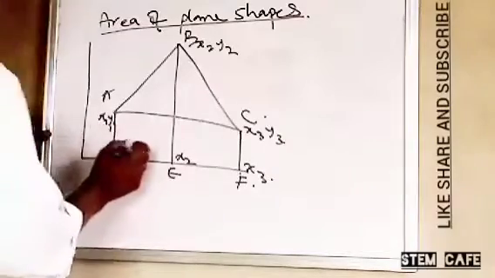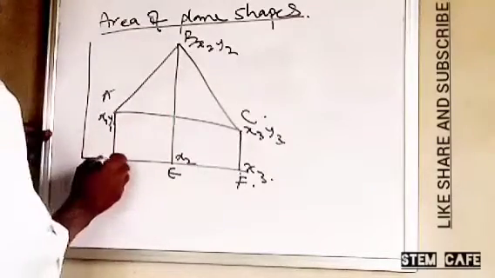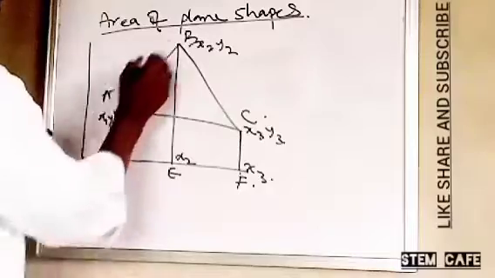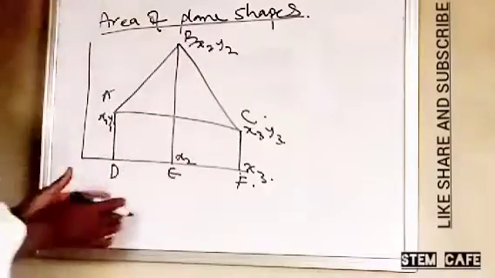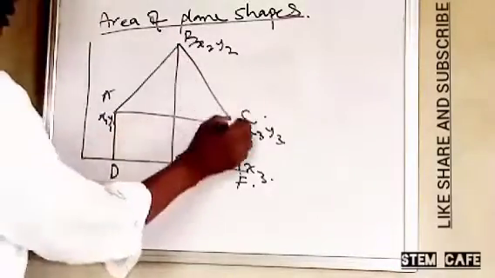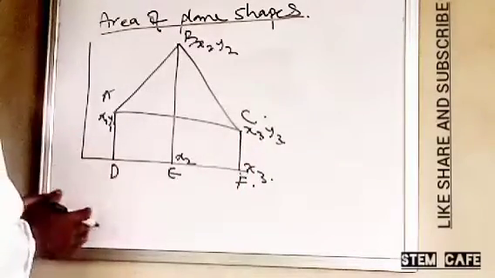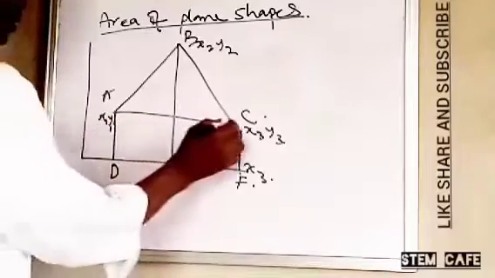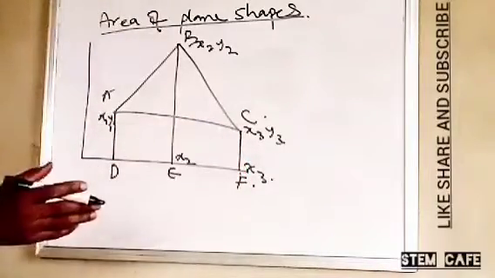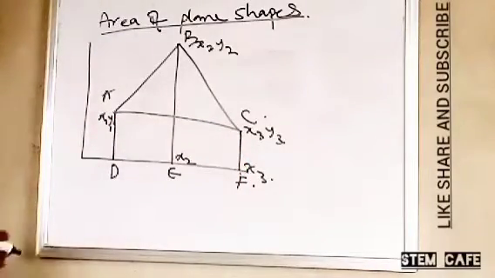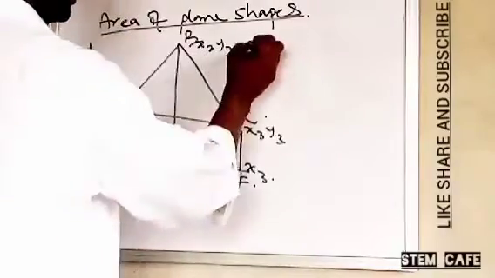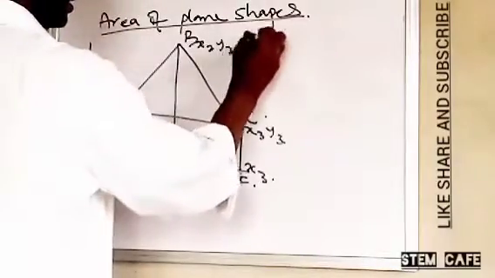So I find the area of trapezium DABE, area of trapezium EBCF, and I subtract area of trapezium DACF. That's all. So I just have it like this.